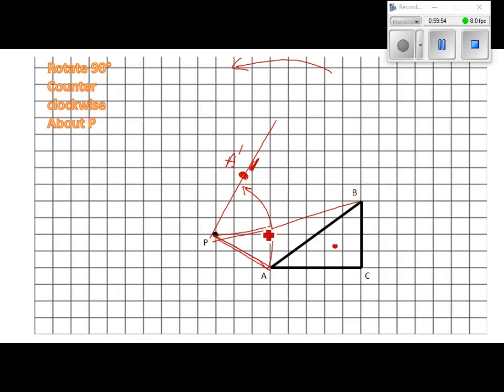Now you connect B to P. And we want a 90-degree angle again, right? So you put your protractor on there, put the hole right there on that center point, line up that black line with that, go up here to 90. And now we're going to go up. So B prime is going to fall on this line somewhere.